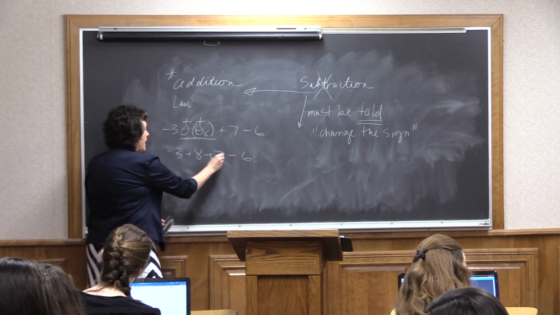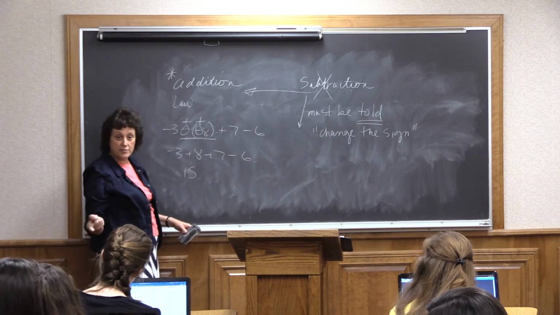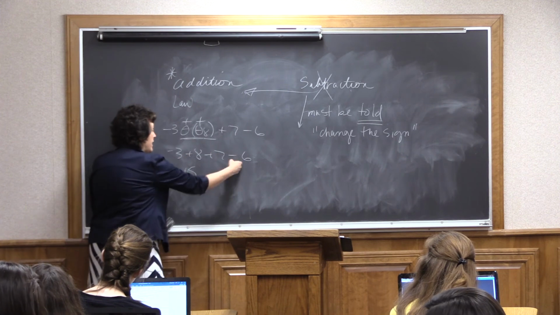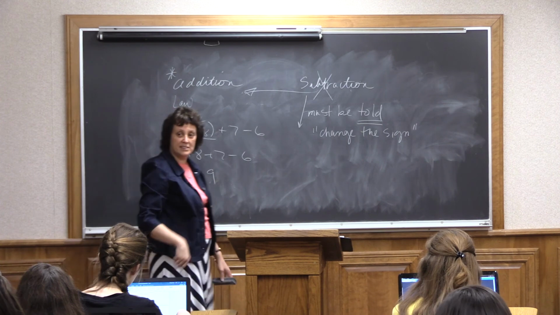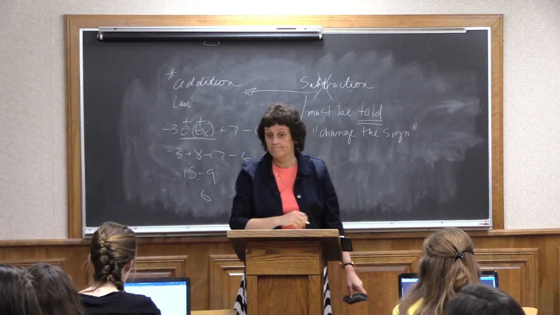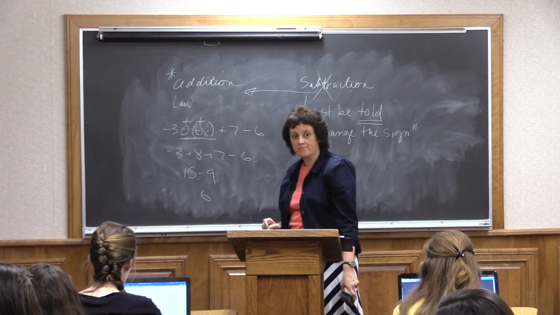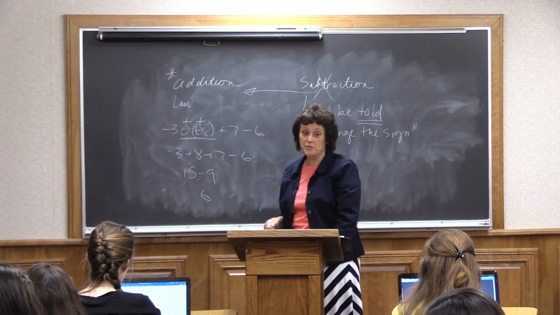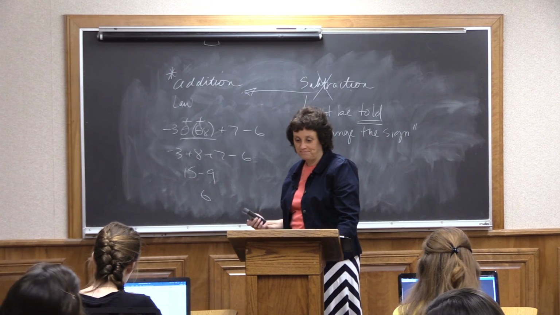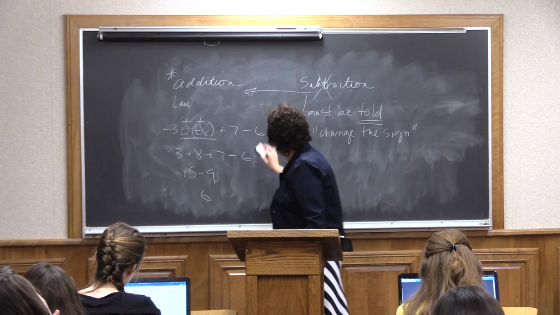I collect my positives and I write them first. Then I collect my negatives, and then I've got a simple, good old, easy arithmetic subtraction. Okay? Now, if the positive one is too small, I do have to use my addition rules.